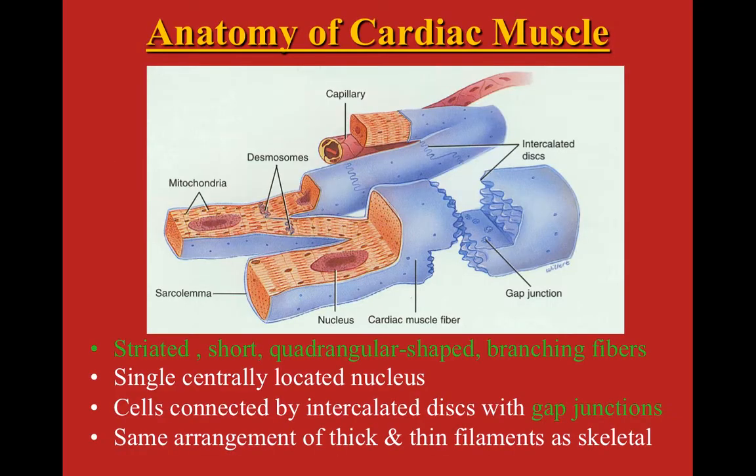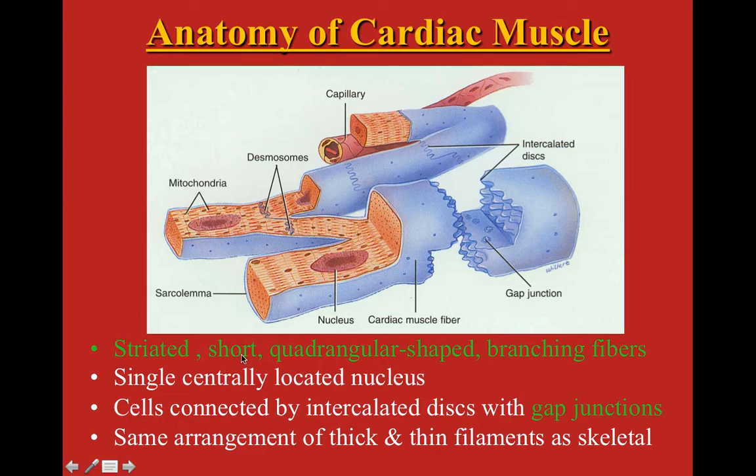Okay, here we go. Let's look here at the anatomy of cardiac muscle. We studied this a little bit before when we studied our histology unit and tissues, but we're going to go into it in more detail today. We can see here that cardiac muscle fibers, or cells, are striated, which means they have those stripes, just like the skeletal muscle tissue does.